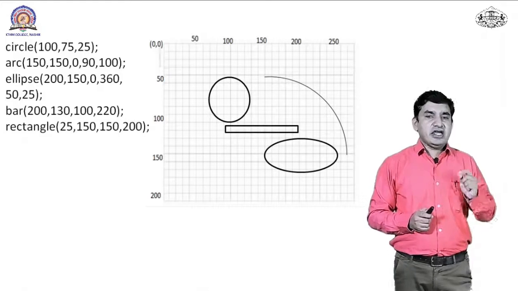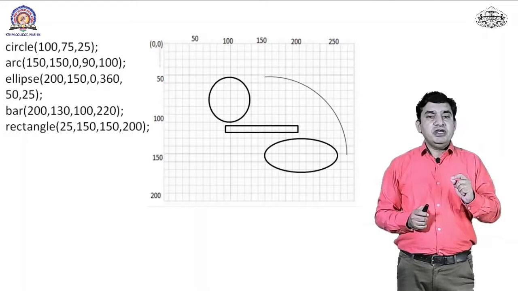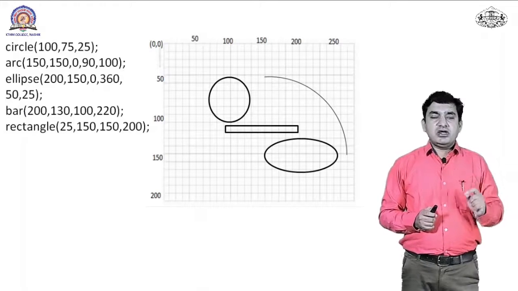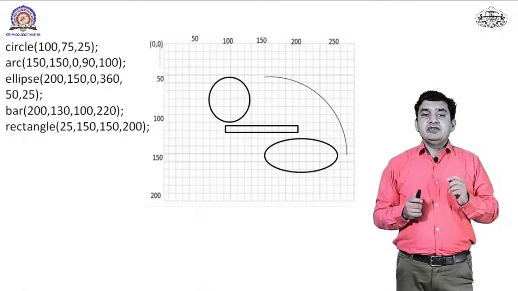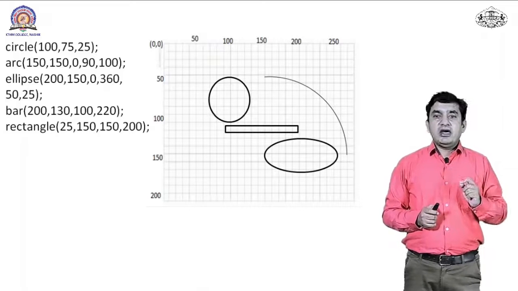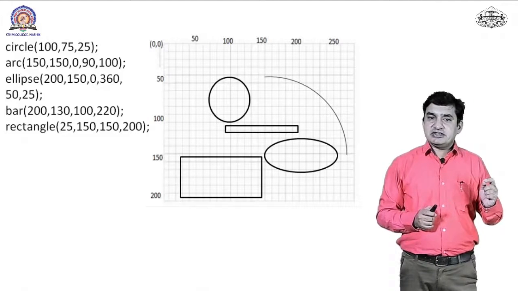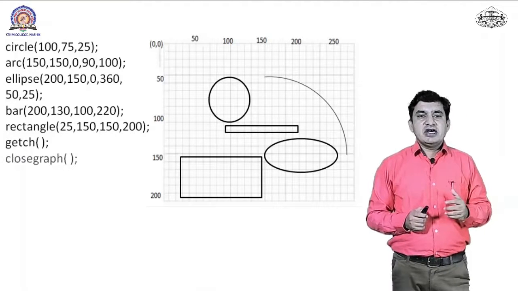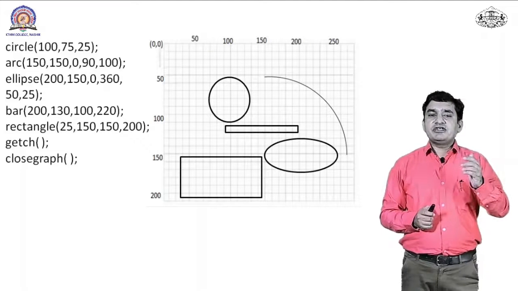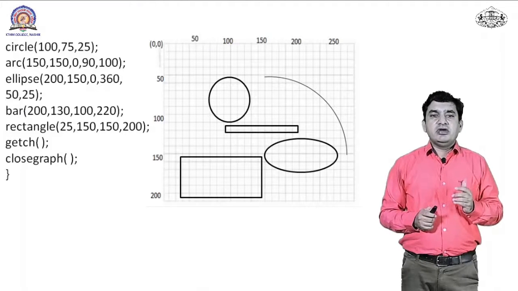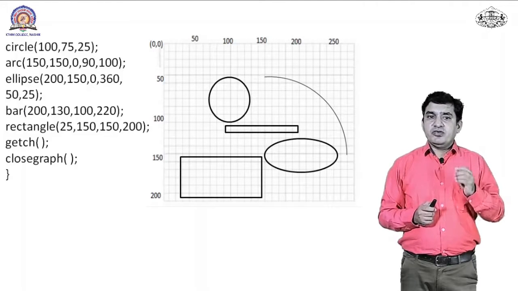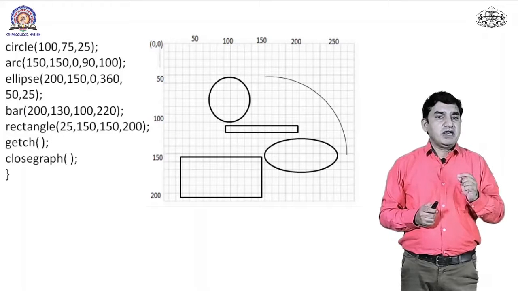Next is a rectangle, 25, 150 are the coordinates of the left top corner, 150, 200 are the coordinates of the right bottom corner, and the rectangle is like this. Next is getch and closegraph, which are used to convert the graphics mode into the text mode, and the body of the program is closed with a closing curly bracket.